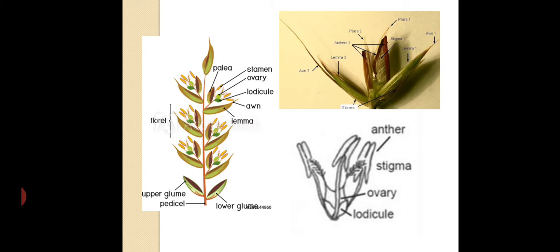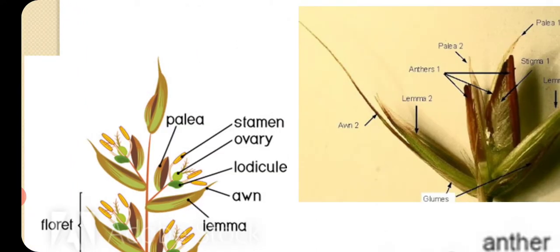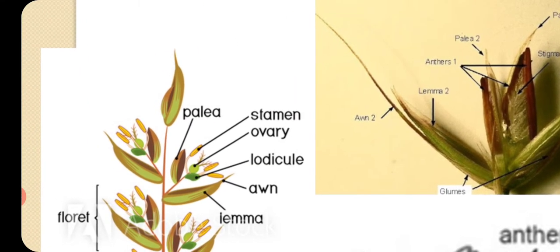Clear? Each spikelet has a very short or minute axis called the rachilla. Here inside this also we can see the rachilla. This is a close up of the spikelet.